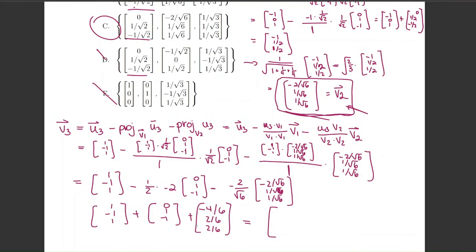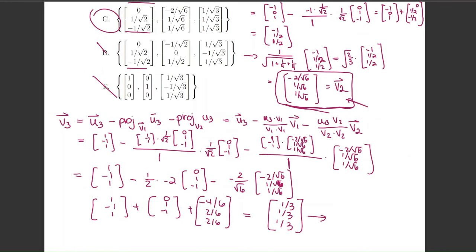And then we add that together, that should give us 1/3, 1/3, 1/3. We need to normalize this because it wants an orthonormal basis. So 1/3 squared plus 1/3 squared plus 1/3 squared is going to be 1 over 9. Yeah, so it should be 1 over 3. Square root that. Okay, that was not very clear at all.